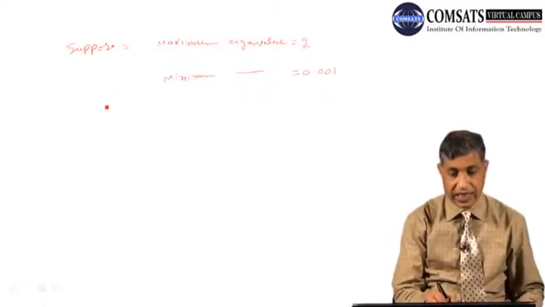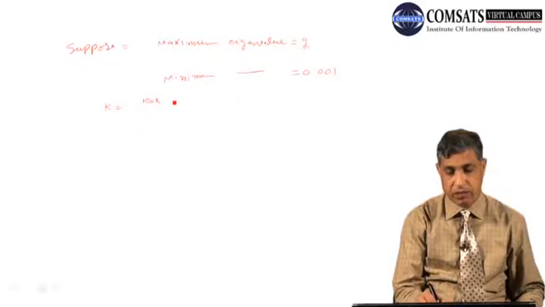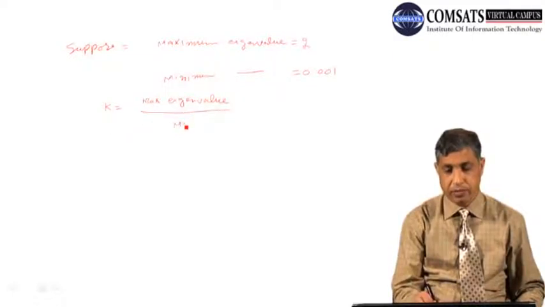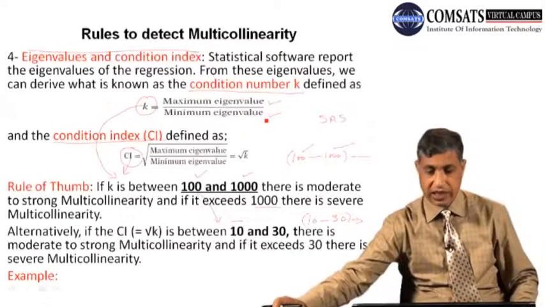If I go for the k index, the k number, its formula is the maximum eigenvalue divided by the minimum eigenvalue. So this is the formula of this index.